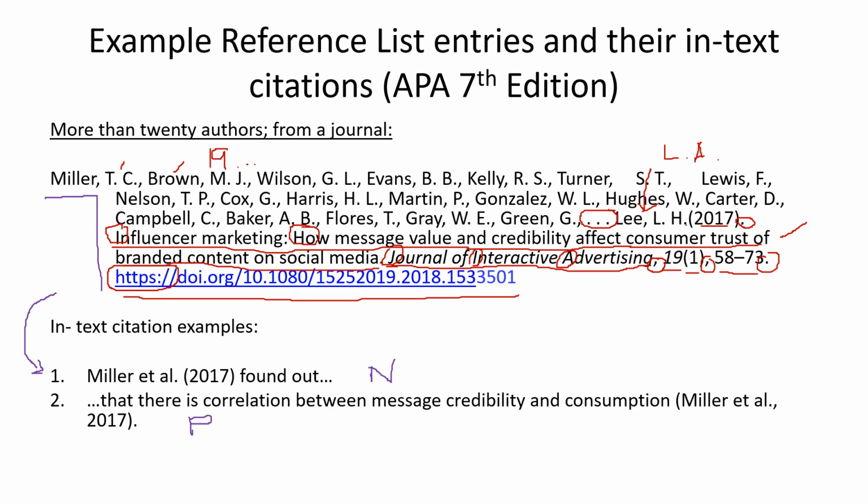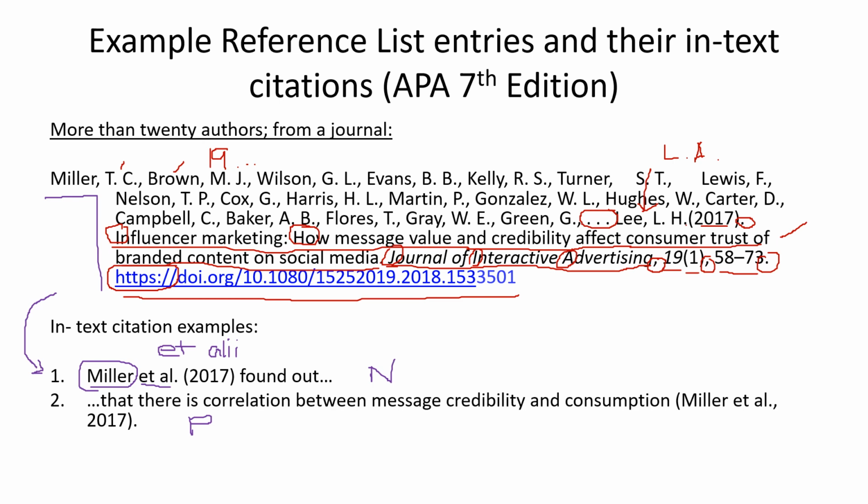Instead of naming all the 19 or all the 20 cited authors in the bibliography, you only mention the surname of the first author, followed by the abbreviation et al., which, when extended, is et alii, which means "and others" in English.